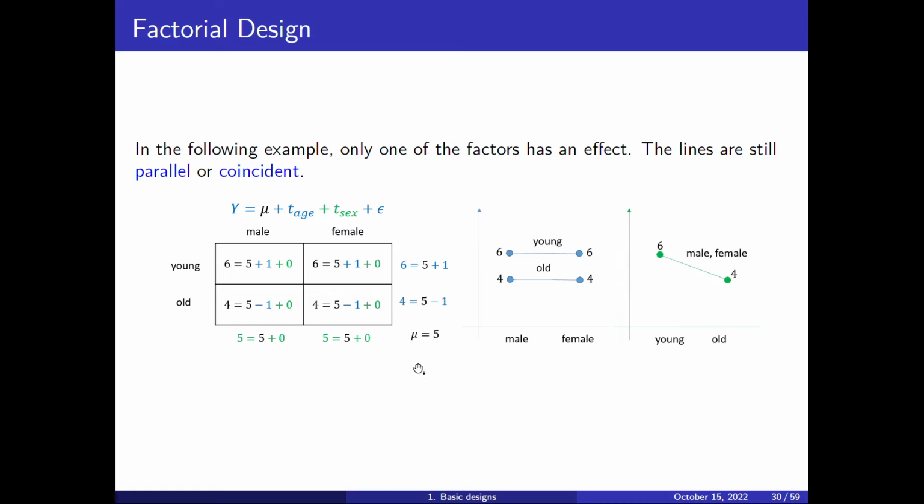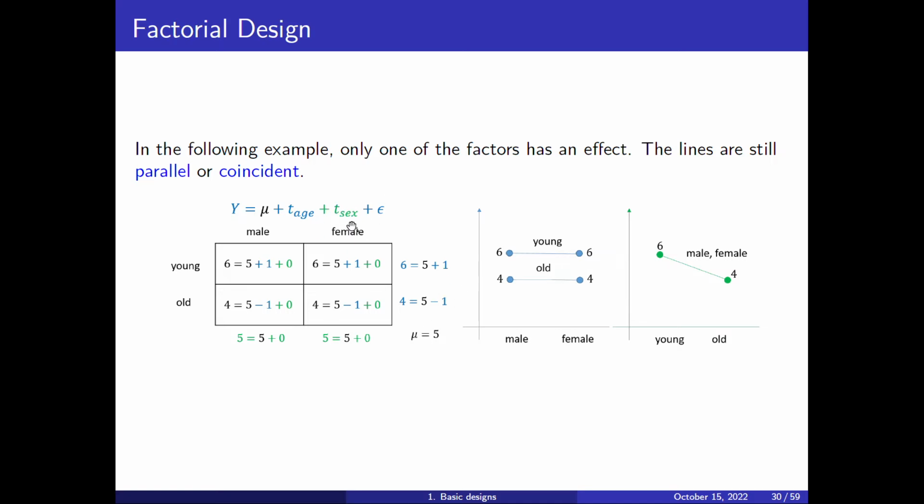So the overall mean is 5, and then this mean is 6, and 6 minus 5 is the +1 that you get for being young, and this average is 4. 4 minus 5 is -1, that is the -1 that you get for being old, and then the average of males and the average of females are 5 both, so you get an extra 0 for the sex. So we see that age makes a difference, but sex does not.